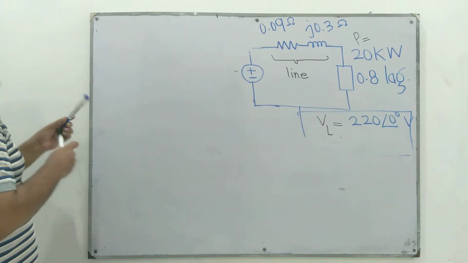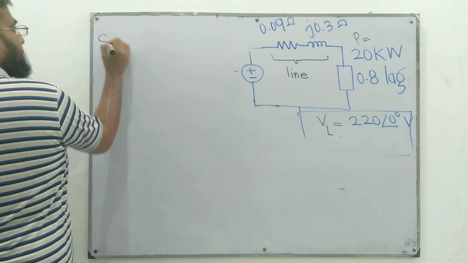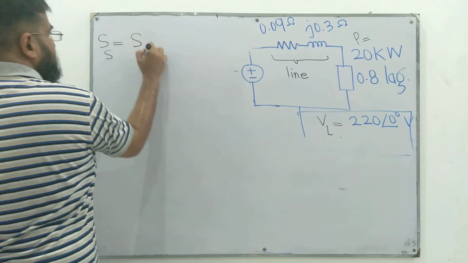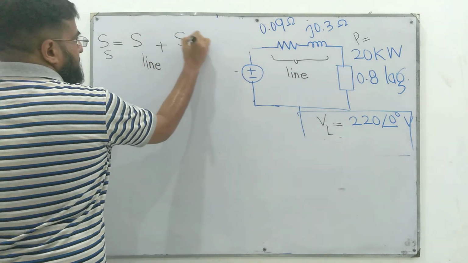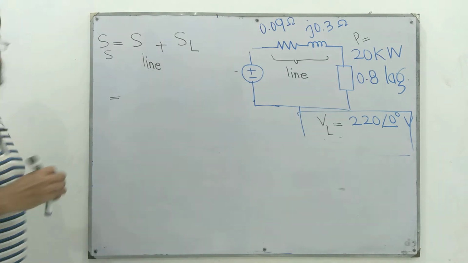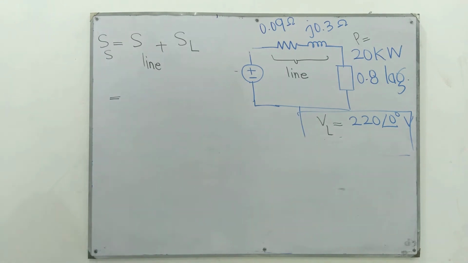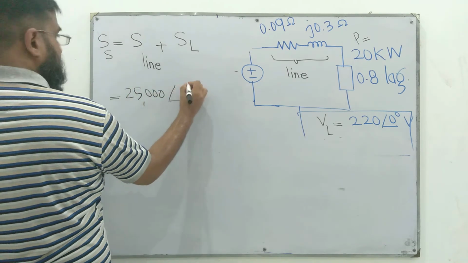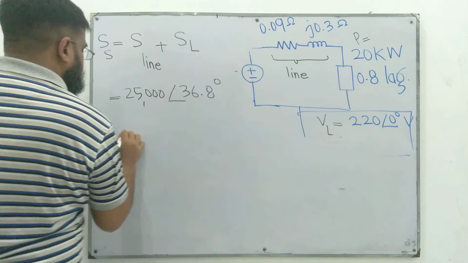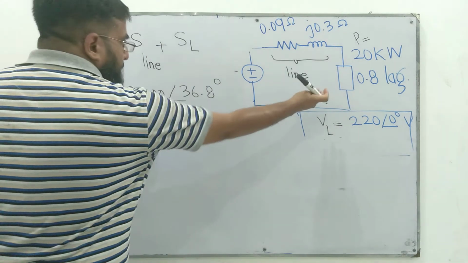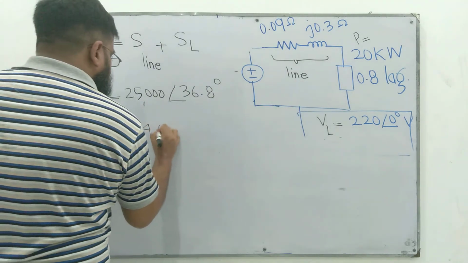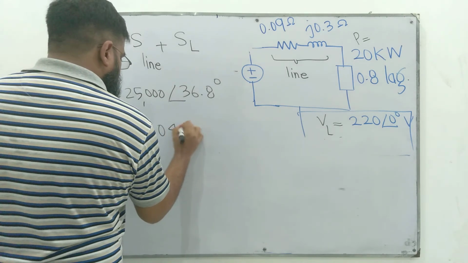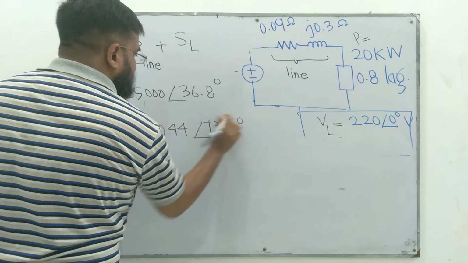We know from the theorem of total power that S supplied by this source is the S absorbed in the load plus the S absorbed in the line. So SL we have computed, this is 25,000 at an angle of 36.8 degrees, plus S line, which we have just computed, 4044 at an angle of 73.2 degrees.